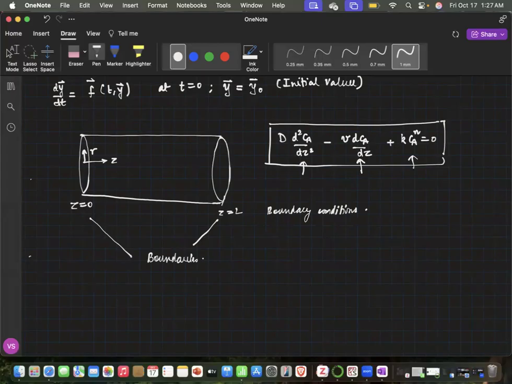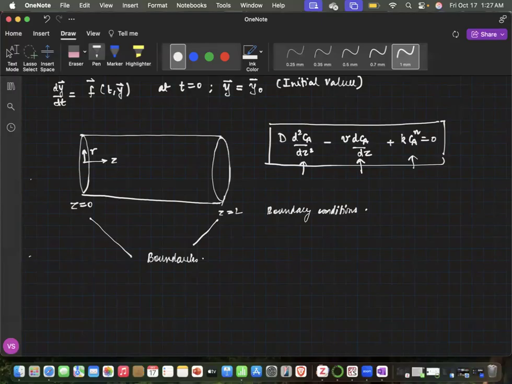And this is a second order ordinary differential equation, so we'll need two boundary conditions. Generally it goes by assigning one condition at z equals 0 and one at z equals L. You can definitely have two conditions at z equals 0, but usually we are not able to assign as many conditions at a single boundary.